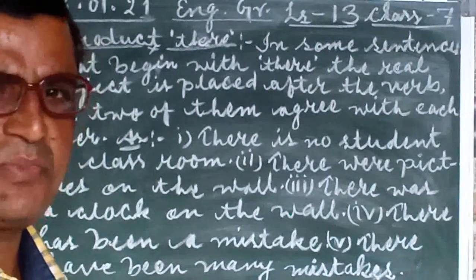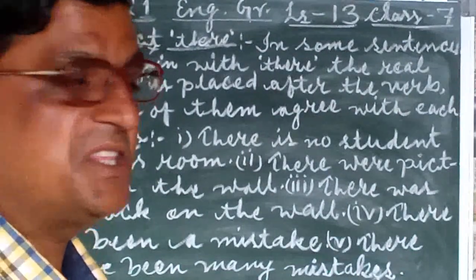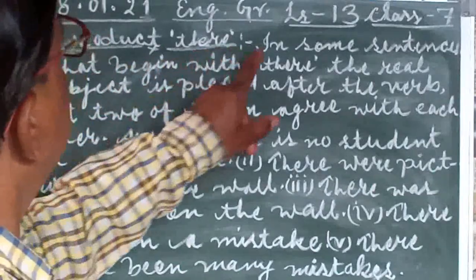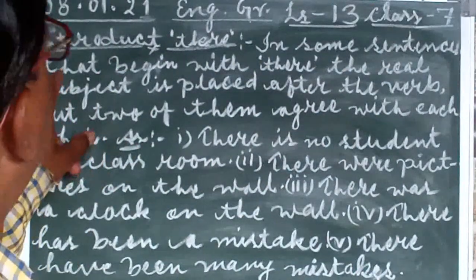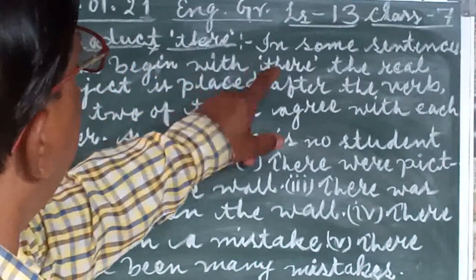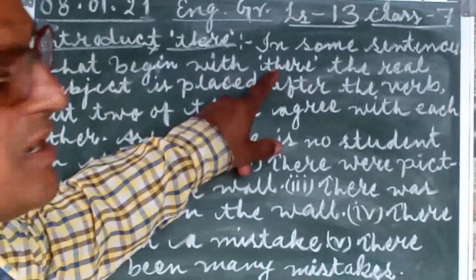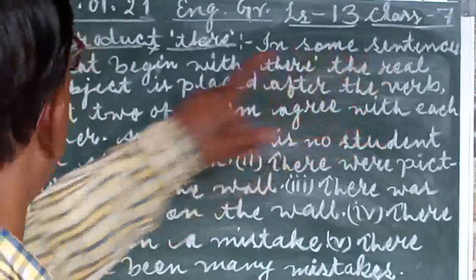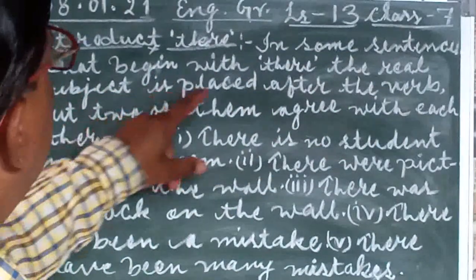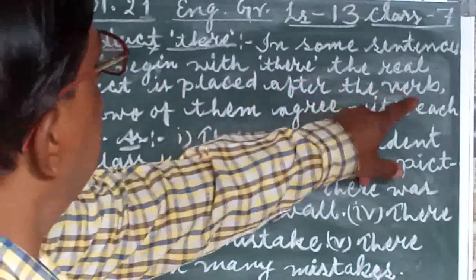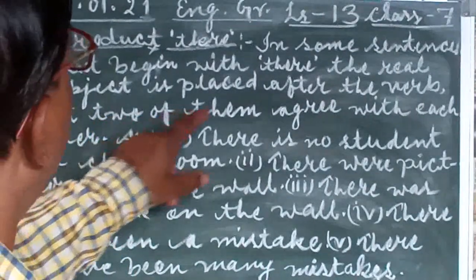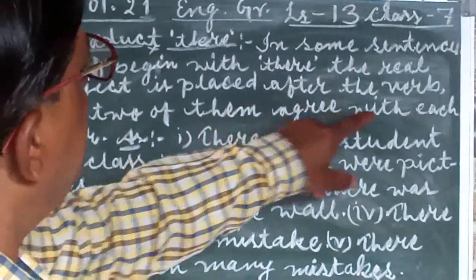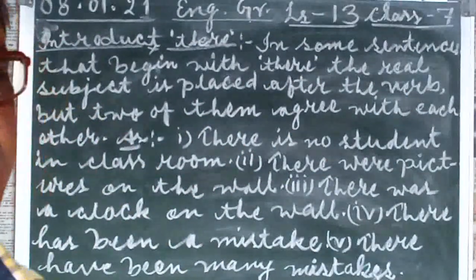Here you have to see properly what the main thing is. Once more I am telling you, in some sentences that begin with the introductory "there", the real subject is placed after the verb, but the two of them agree with each other.